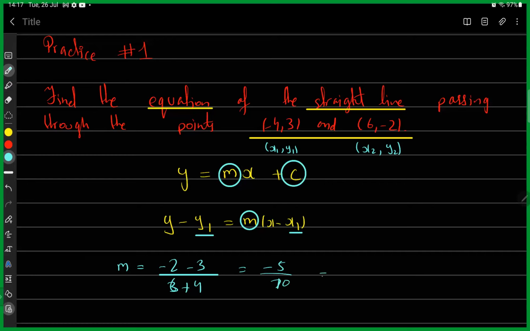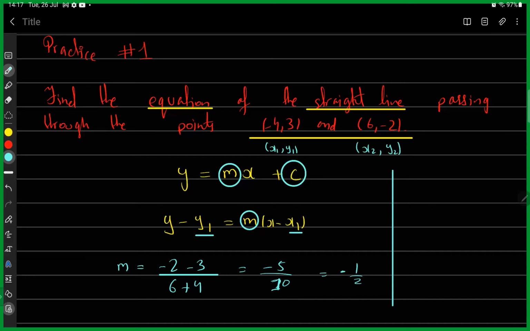This would give you -1/2. You can use either of the two equations to find the equation of the straight line. I'm going with the second one because I already have a point. Using those 2 points, we find the gradient, and I got -1/2.